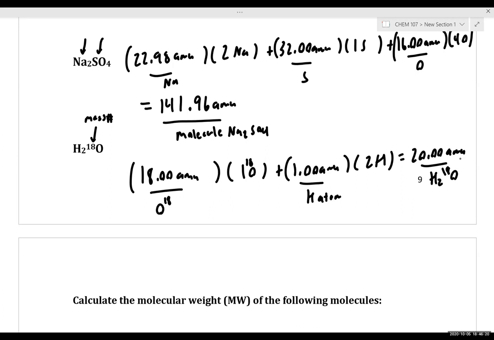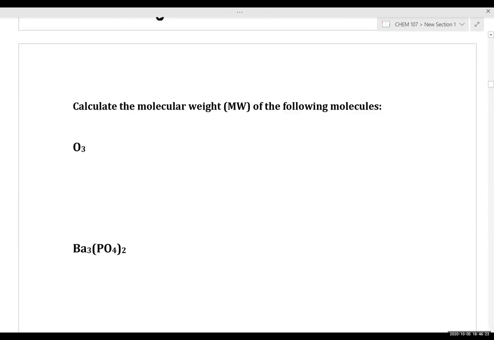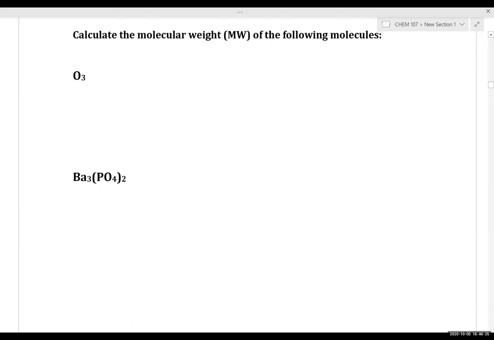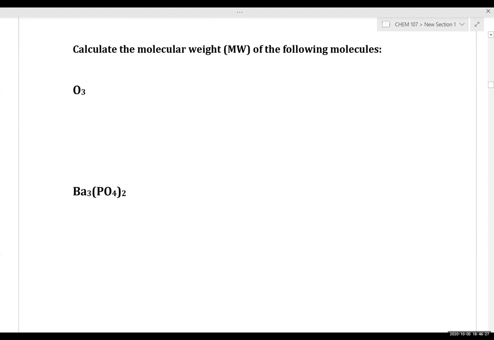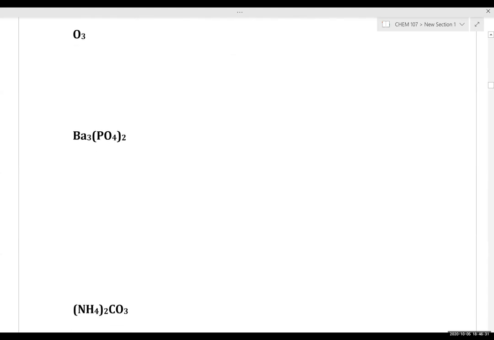Okay, so let's try to apply what we've learned, and this will be the last example set for today. I'd like you to calculate the molecular weight of the following 3 molecules. Let's spend about 4 minutes on this example, and I'd like to see molar mass calculations for each of these molecules, and then we'll discuss momentarily.